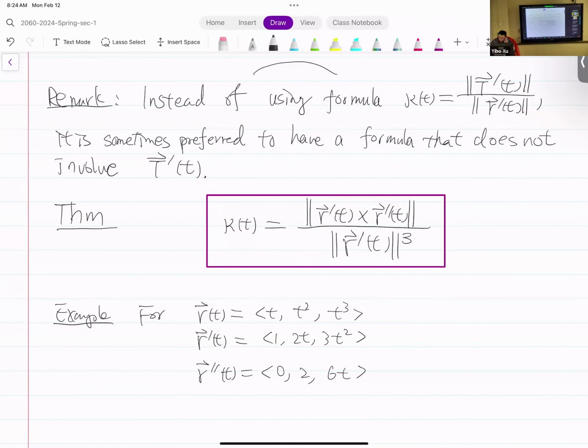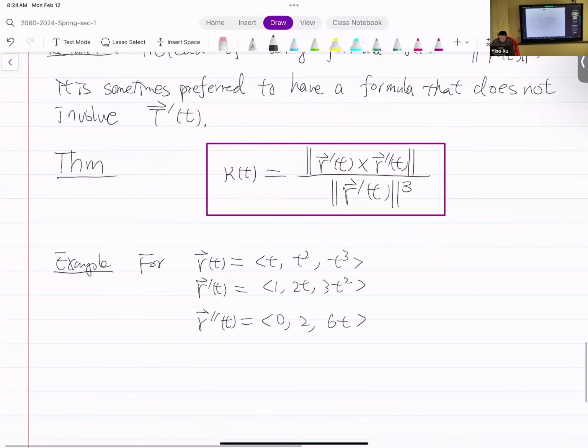Okay. So now, okay, the next step here is that we need to do the cross. And the cross is not really complicated because it doesn't involve any fraction. So r prime crossing r double prime.